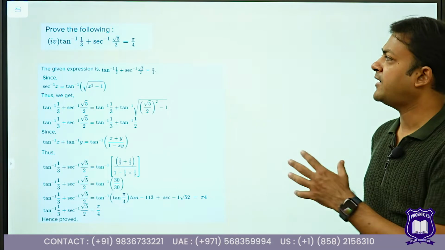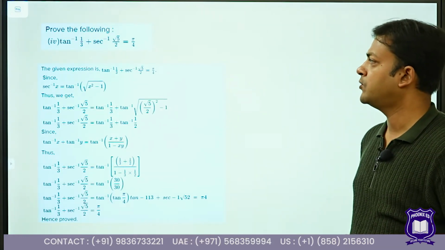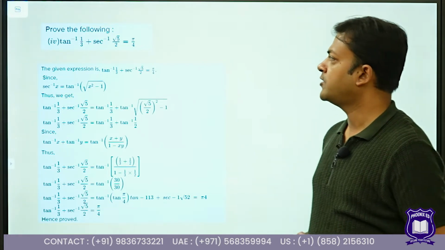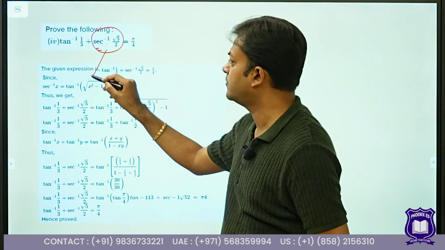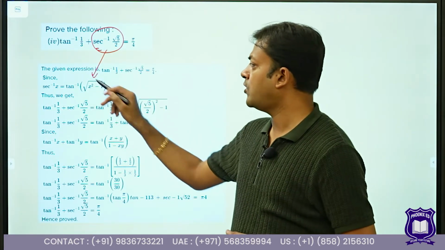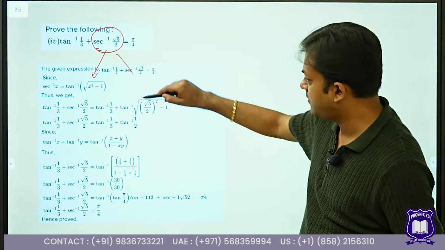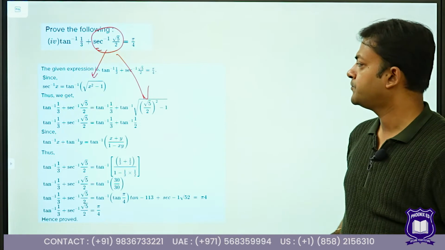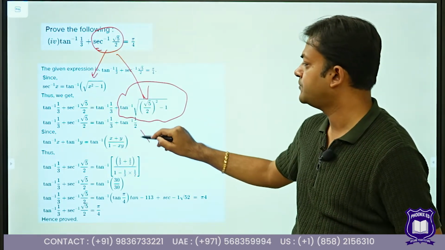This time we have tan inverse 1 by 3 plus sec inverse of root 5 by 2. In order to solve this problem, we first need to convert sec inverse into tan inverse. Sec inverse x can be written as tan inverse of root over x square minus 1. Putting this into the problem, the second term becomes tan inverse of half.